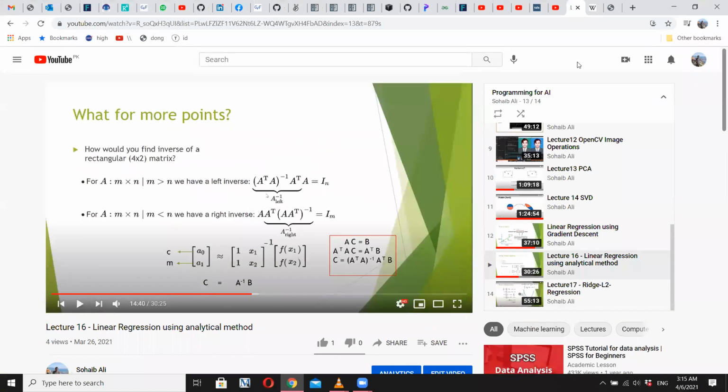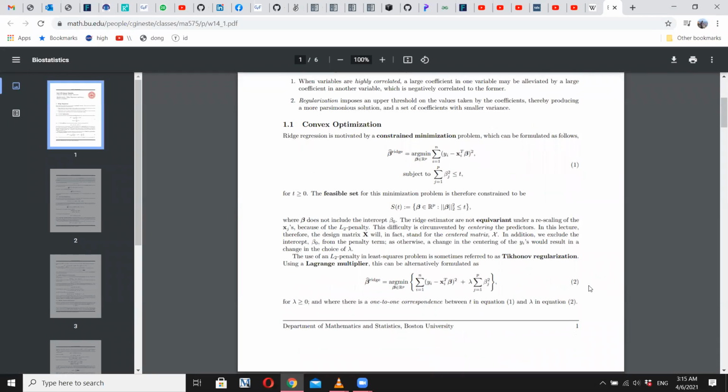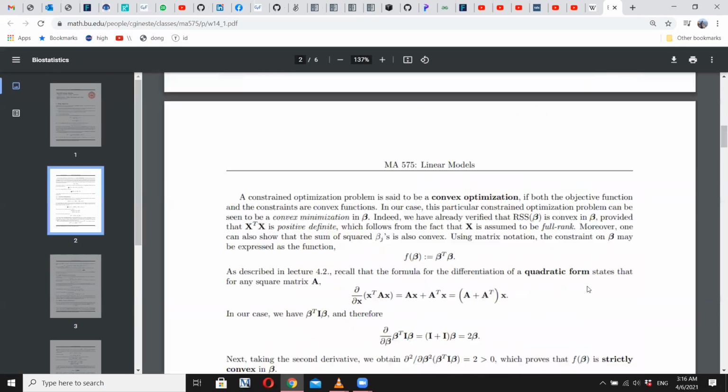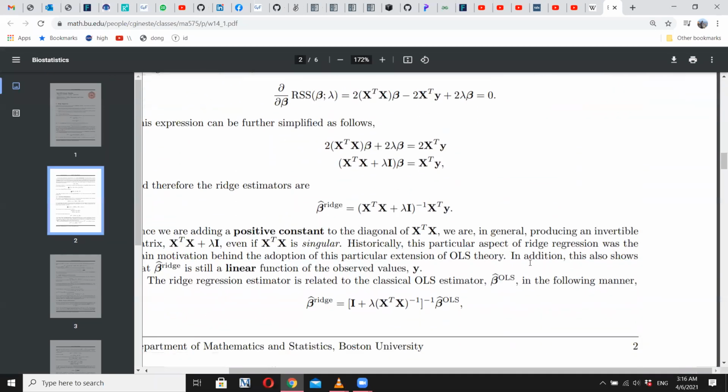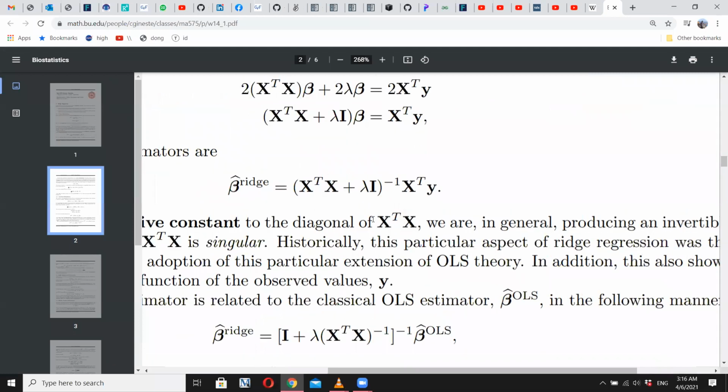The same goes for ridge regression as well, and for Lasso regression as well. So for ridge regression, this is the closed form solution.